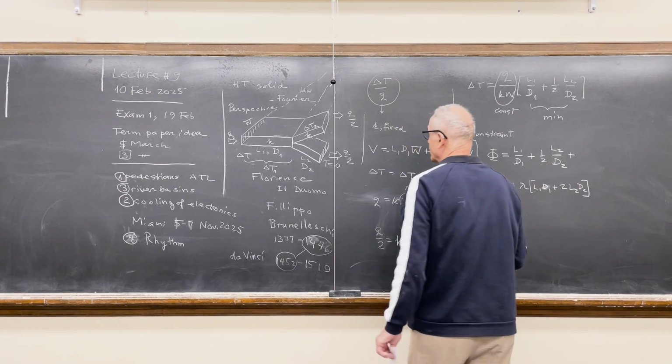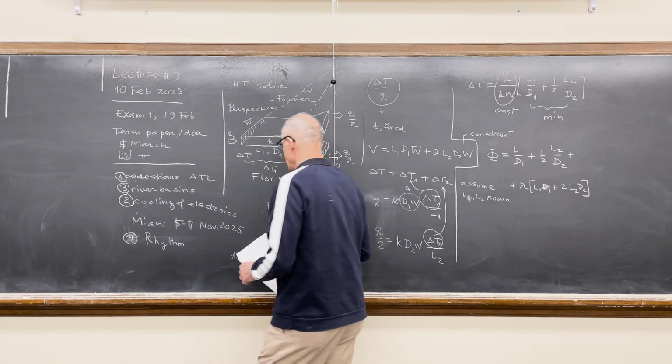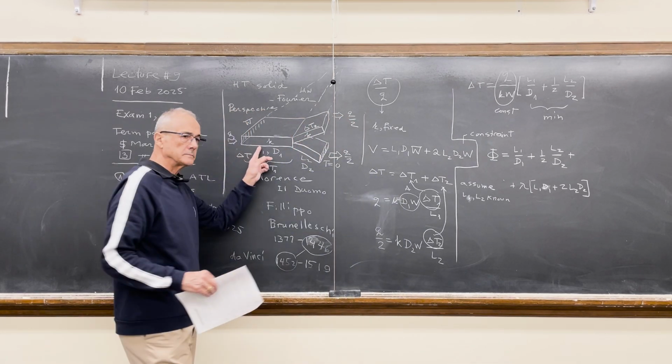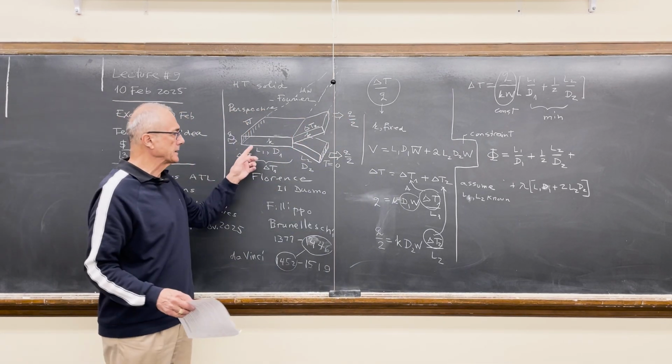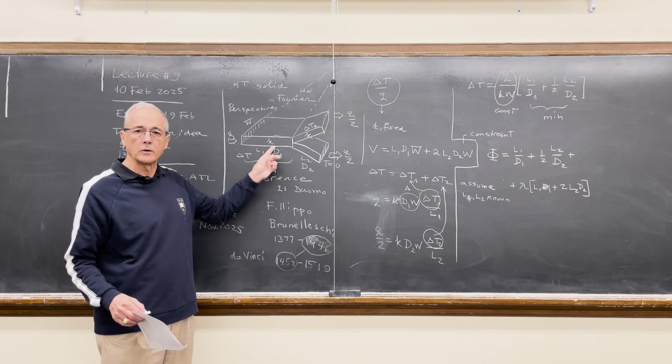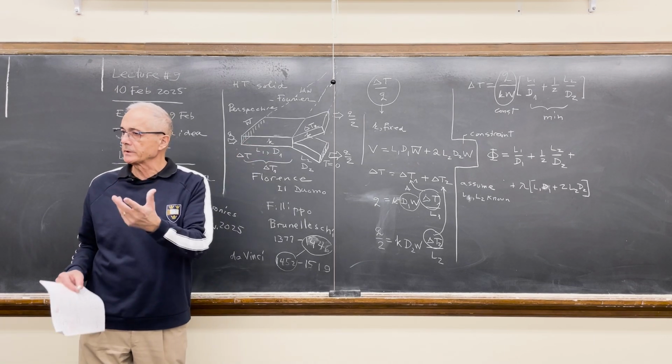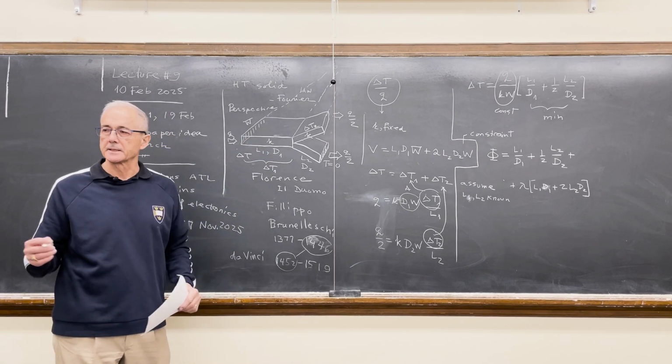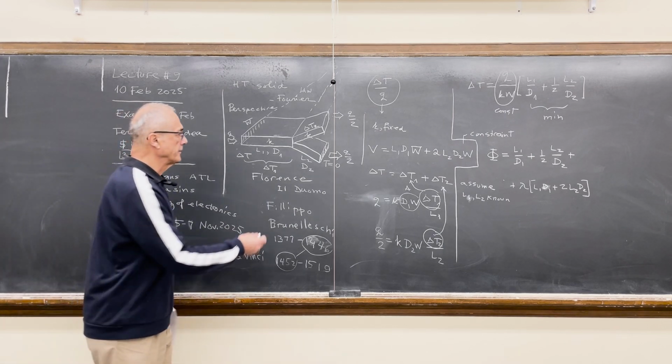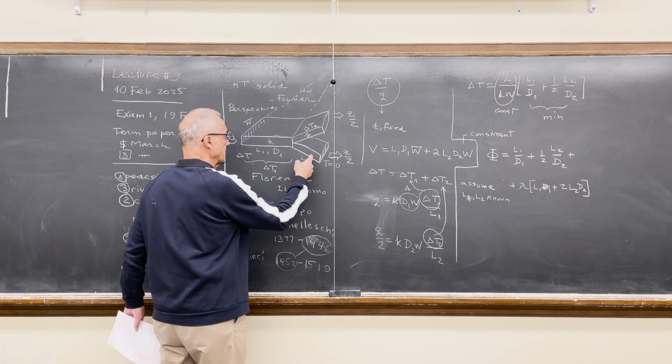And you vary the thicknesses because a few lectures ago, when we did this problem for fluid flow, the result that came out was the ratio, meaning the recommended ratio of one thickness divided by the other.